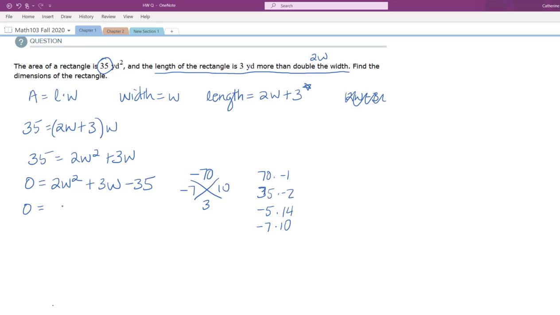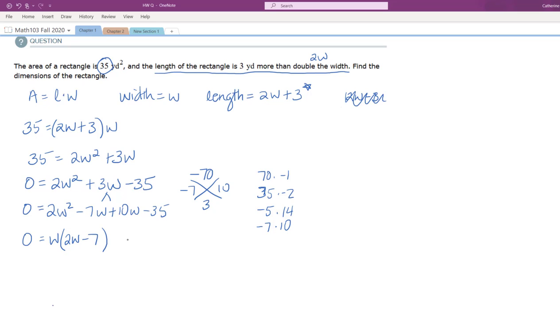So I'm going to set up factoring by grouping. 2W squared just comes down, and then we'll have minus 7W plus 10W, and then the minus 35 just comes down. Now I'm going to group the first two and the second two. From the first two, I can just factor out a W, and I'll have 2W minus 7.